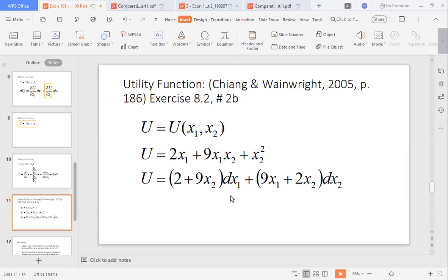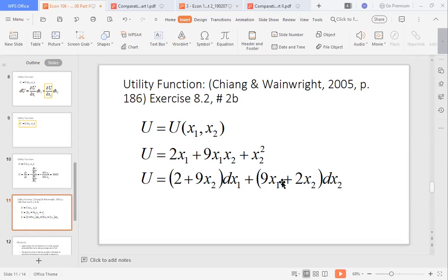So what this means is that the first element here is our marginal utility of x sub 1 times the increment in the consumption of x sub 1. Meaning, class, if there is a one increment change in the consumption of x sub 1, the total utility will increase by this much. Then 9x sub 1 plus 2x sub 2 multiplied by dx2 is the marginal utility of x sub 2.